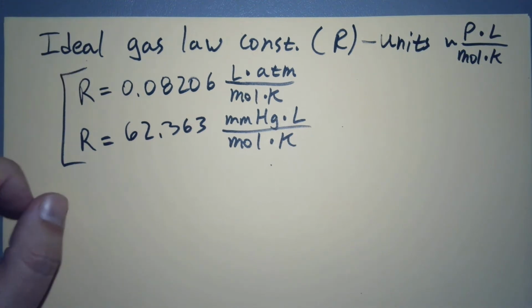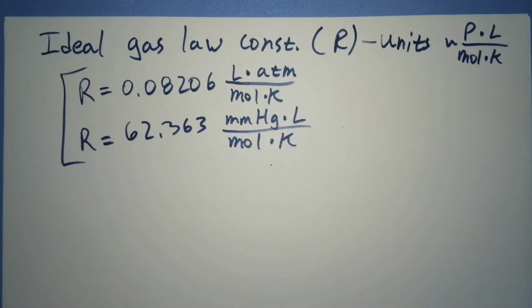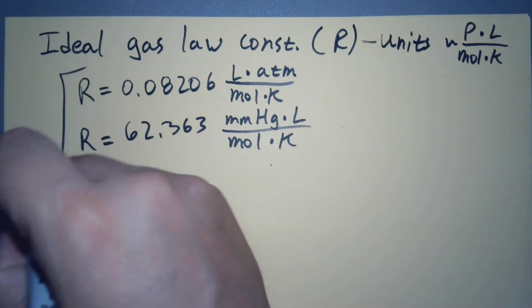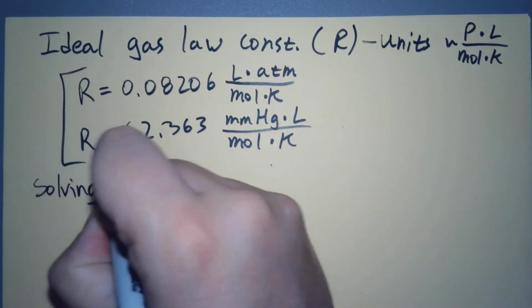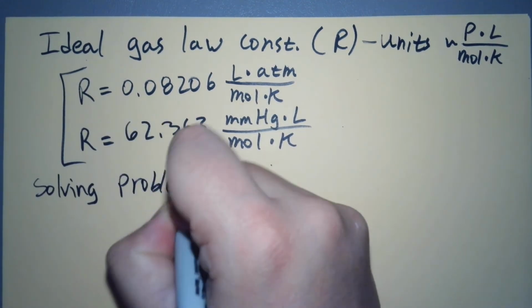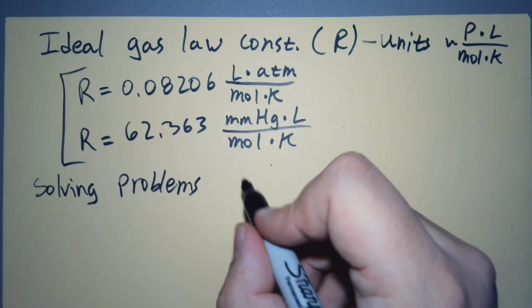All right, so these are the values we use in calculations. So let's talk about actually solving ideal gas law problems now. There's 2 flavors of problems I can throw at you.